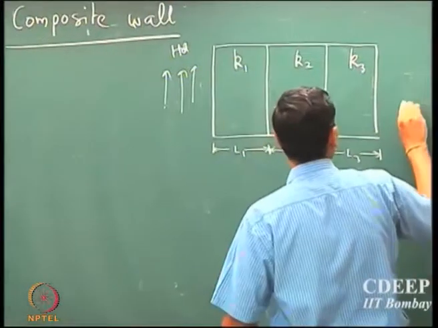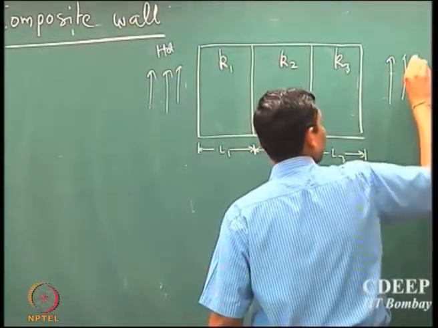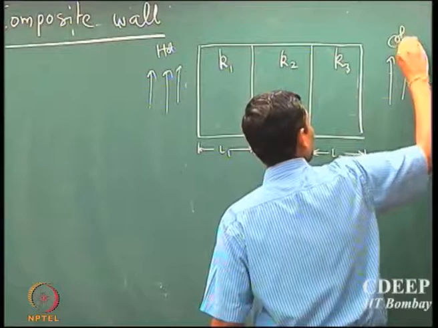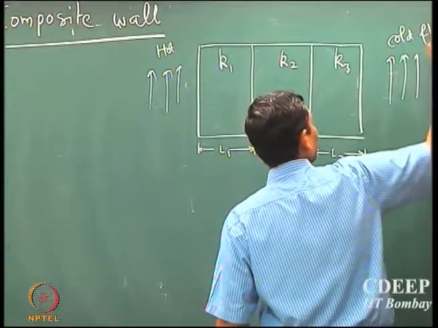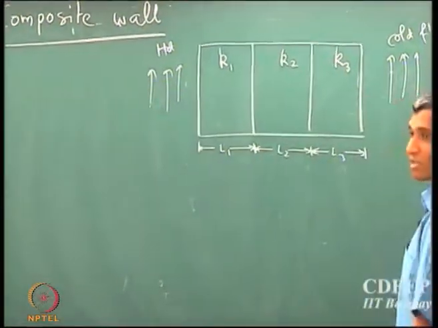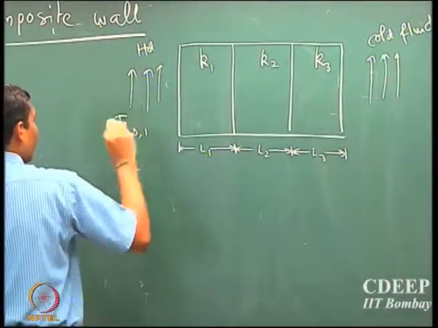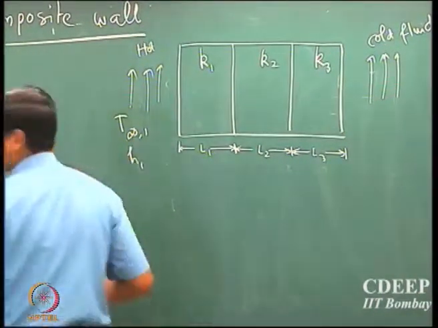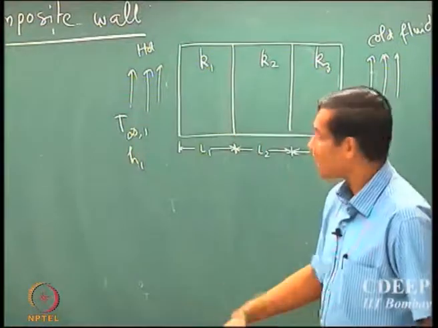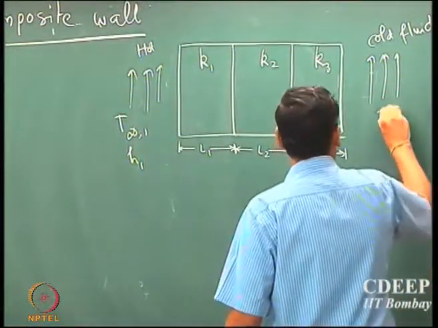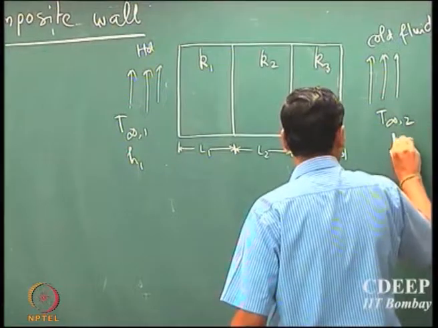Let's say hot fluid is flowing before the first wall and a cold fluid is flowing after the third wall. The temperature of the hot fluid is T infinity 1, and the heat transport coefficient for Newton's law of cooling is H1 here; on the other side it is T infinity 2 and H2.